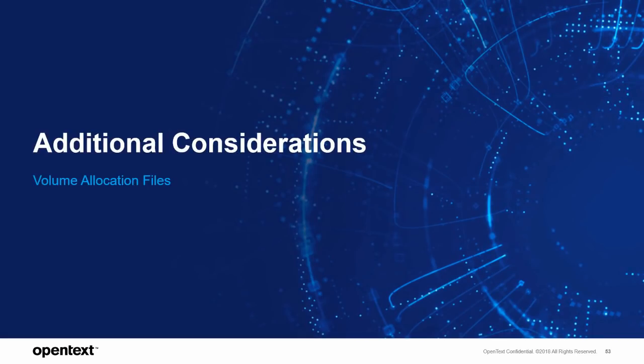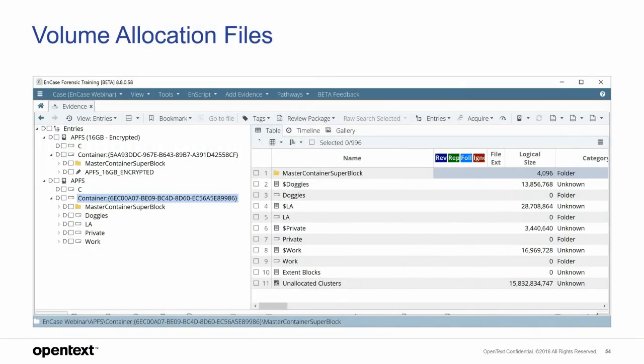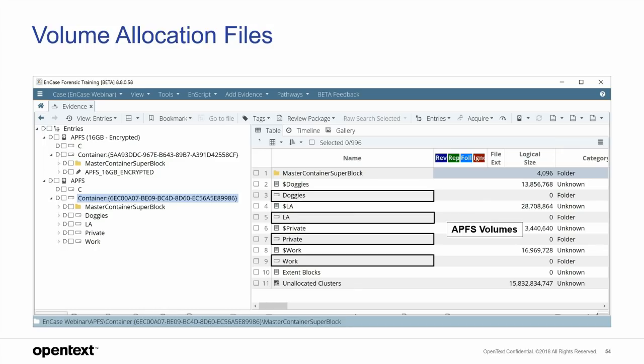The next thing we need to consider is the presence of volume allocation files. We've already seen the unencrypted APFS containers volume shown in the folder pane. In this slide, they're also visible in the table pane. Note how, interspersed with these volumes, which are also folders, there are several volume allocation files with similar names, but starting with a dollar symbol.